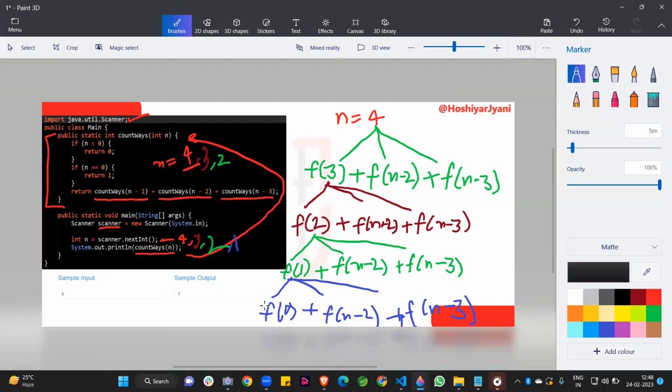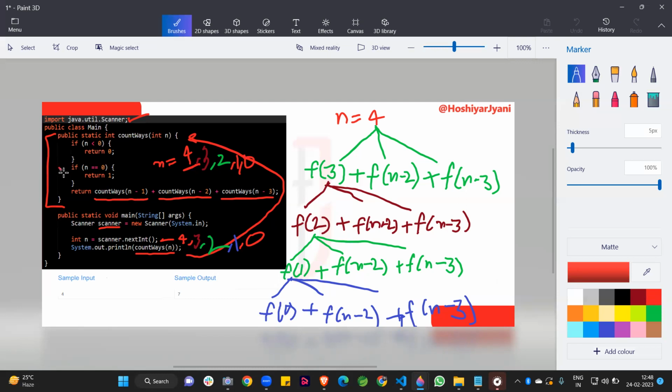So guys, now this is so interesting. So now our n value is 0. So this reaches our base condition. You can see here when it calls for the value 0. So I am changing the color. So when it calls for the 0 value, f of 0, if n is less than 0, no, n is equal to 0.